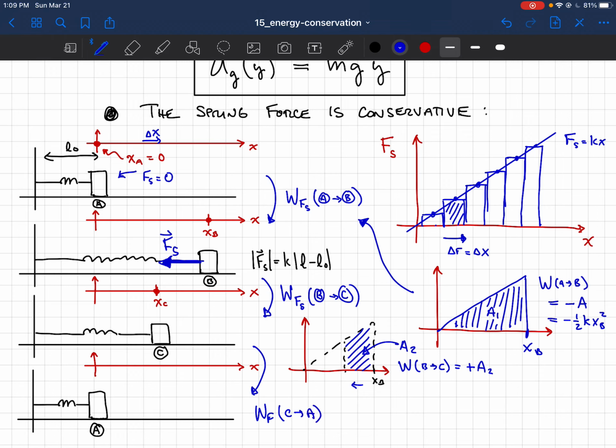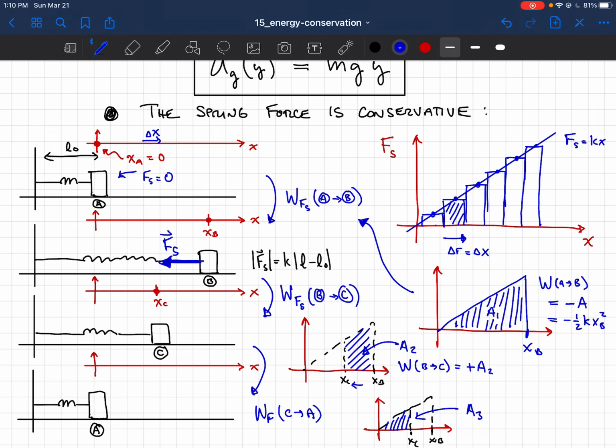And then the next step, in going from C back to A, well, that one is the next one. I'll draw it again. So here's our little triangle going all the way out to XB, but now we're going to go, so this was XC, and now we're going to go from XC to A, and that's going to be this little triangle right here.